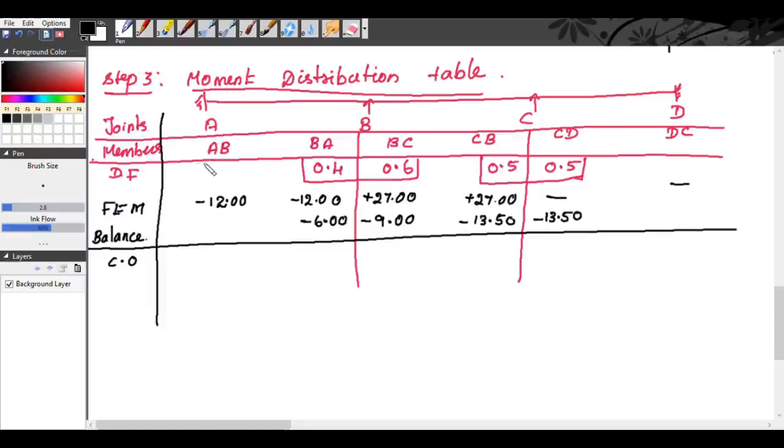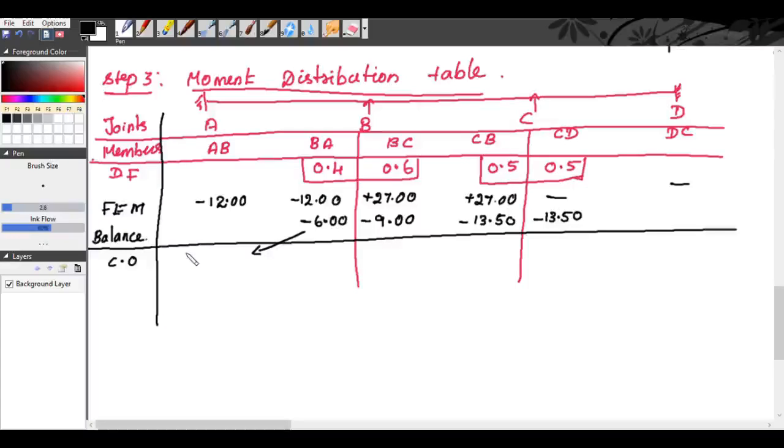So when we are considering the span AB, that is for AB and BA, right? These both ends, AB and BA, since A is fixed extreme support, from A the load is not transferred to B. But from B to A, half of the load is transferred.